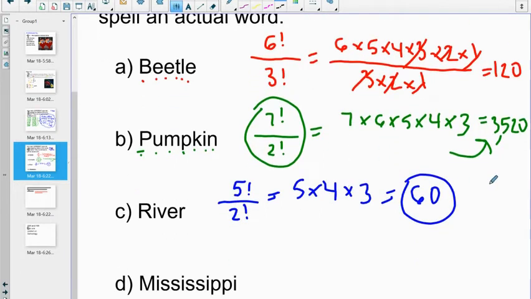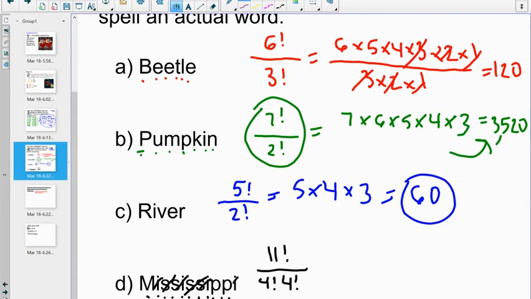Last but not least, oh, this is a big one, Mississippi. First, again, counting out how many total letters are in the word. 1, 2, 3, 4, 5, 6, 7, 8, 9, 10, 11. Wow. Okay. 11 factorial on top. Looks like we have 4 S's, so that's going to be 4 factorial because there's 4 S's. Looks like there's 4 I's, so another 4 factorial.